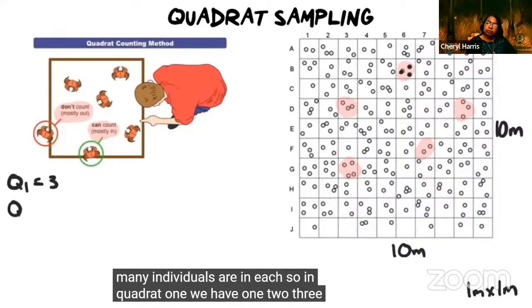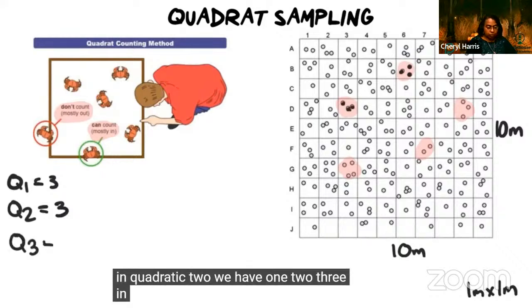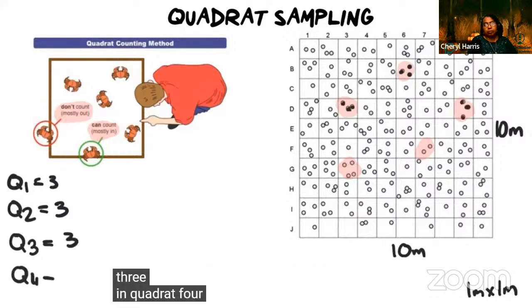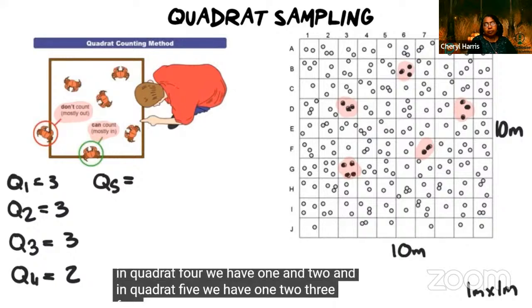In quadrat 2, we have 3. In quadrat 3, again, 3. In quadrat 4, we have 2. And in quadrat 5, we have 4.